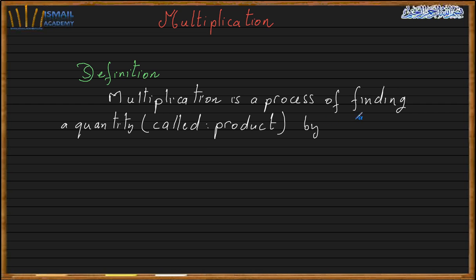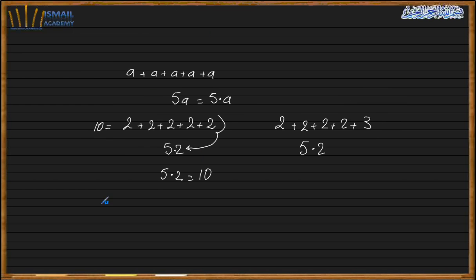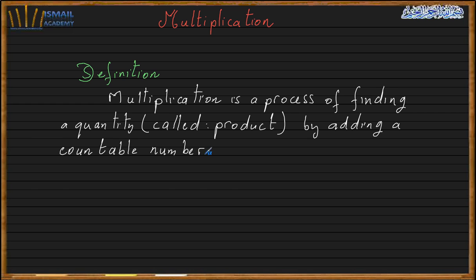So by adding a countable number, that countable number, which is 5, because it is the number I count, 1, 2, 3, 4, 5, is called the multiplier.